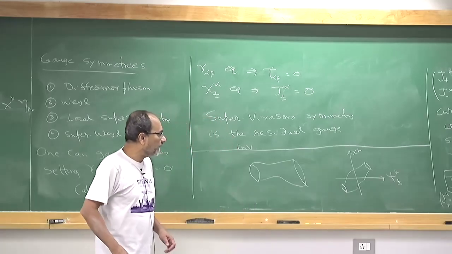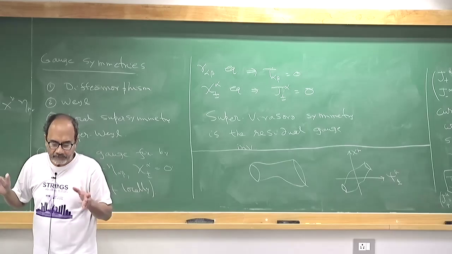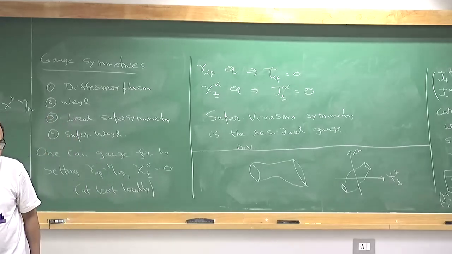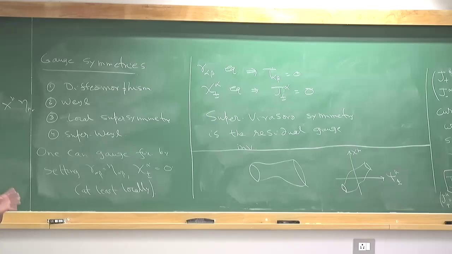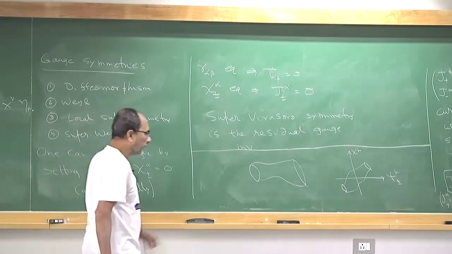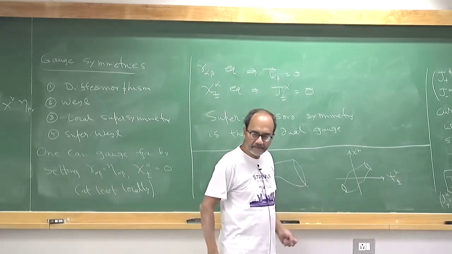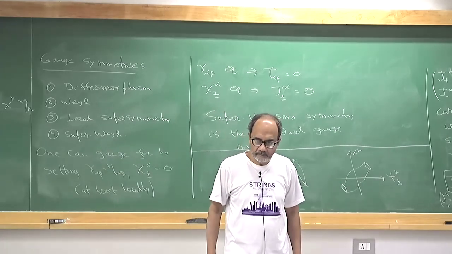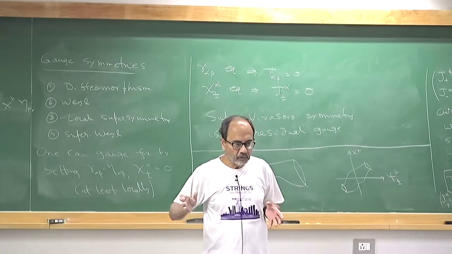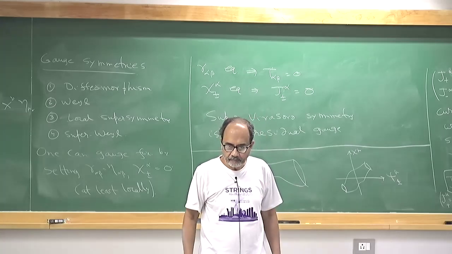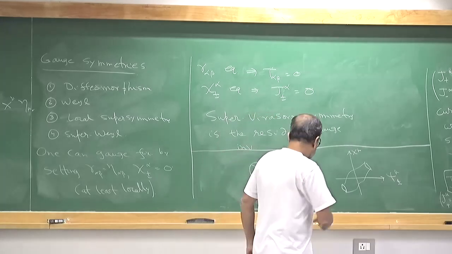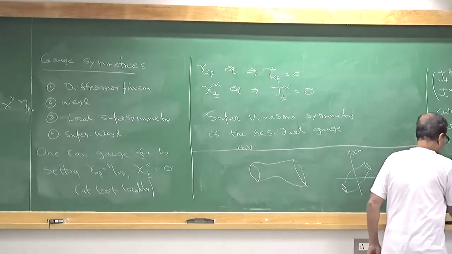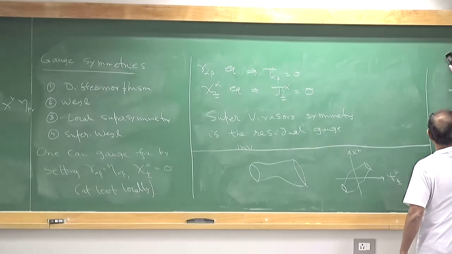Now it turns out that in order to write down a consistent string theory, and by consistent I mean that we really don't want any tachyons or any unwanted particles, it is not enough to construct the motion in a target space of this form. We have to change the target space. And the way we change the target space is by saying the following.